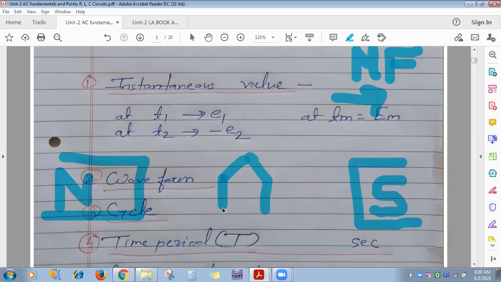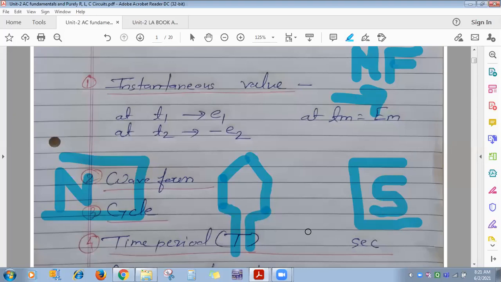What is Faraday's law of electromagnetic induction? All of you have learned it in 12th. Whenever there is a relative motion between the magnetic field and a conductor, what happens? EMF is generated.